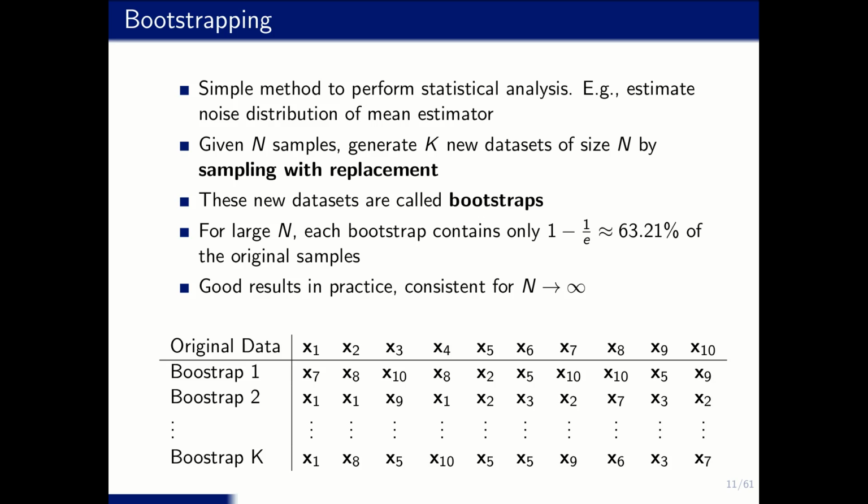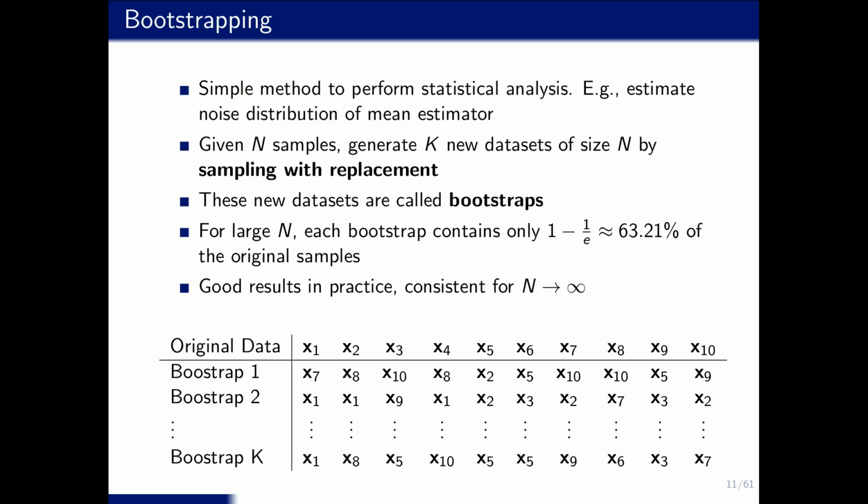You would select maybe 1,000 people, and compute the average. But since you took a random 1,000 people, if you take another draw of 1,000 people, you will get a different mean result. To estimate how the noise of your mean estimator is distributed, you can use bootstrapping. Let me explain the idea of bootstrapping.